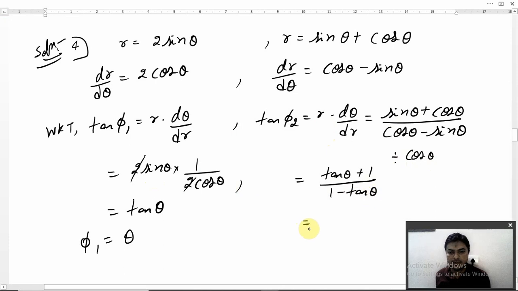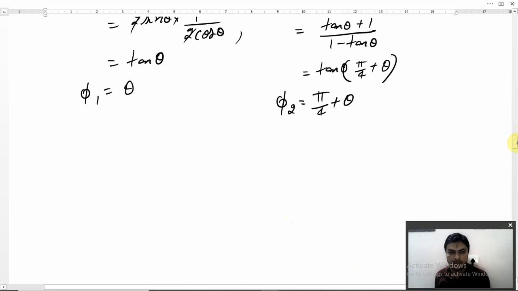This you have to remember, friends: this is tan of pi by 4 plus theta. Here tan and tan will get cancelled, therefore phi 2 is equal to pi by 4 plus theta. So within no time I have solved this problem very easily. This is very simple. Everyone must simplify this within 5 to 10 minutes.